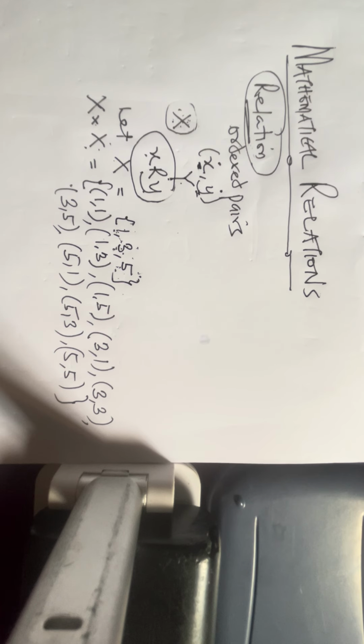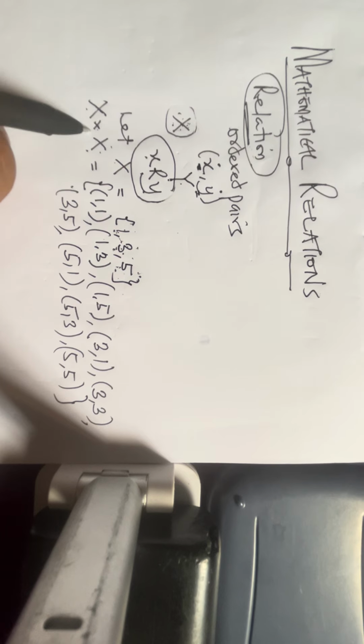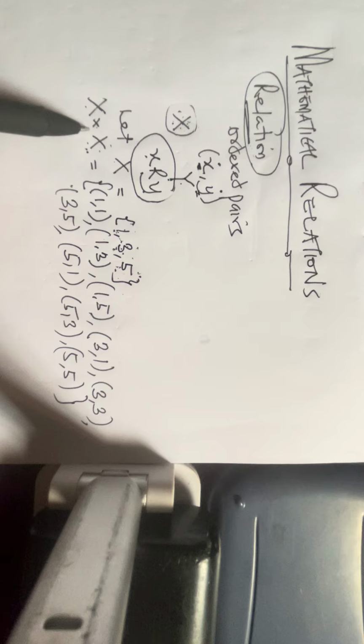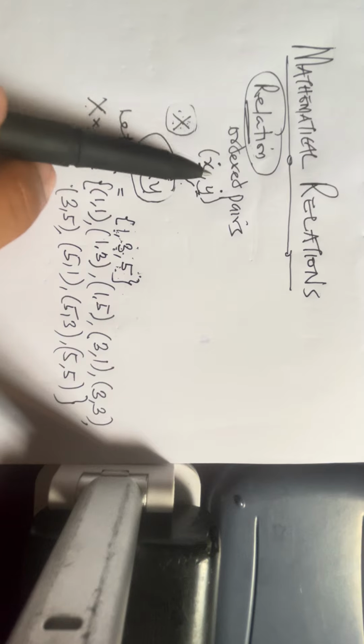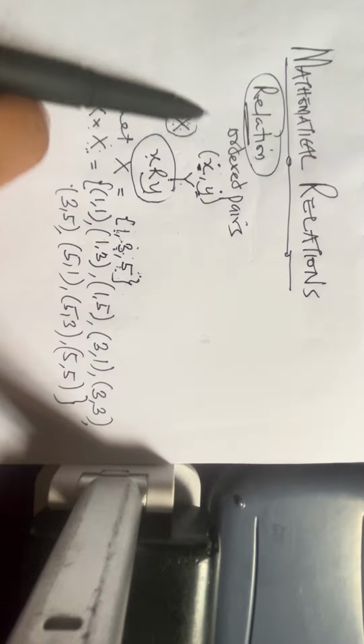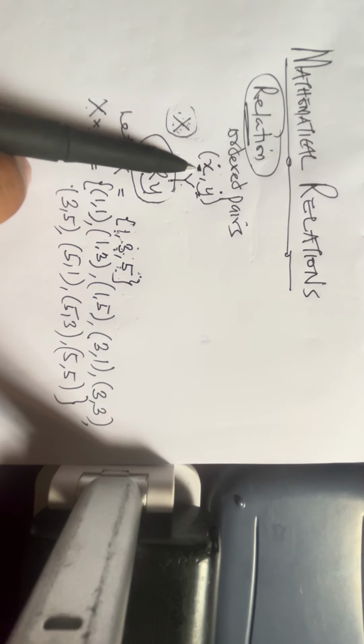So this is the set X being related to itself. Take note that a set of ordered pairs can be related to itself, but majorly, relation talks about the relationship between elements in one set and elements in another set.